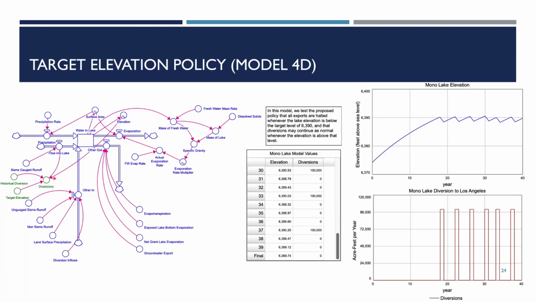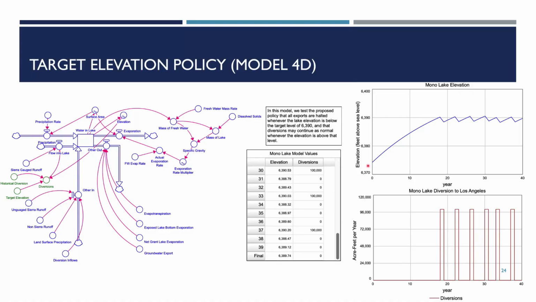This all or nothing means things are going to recover, and then it hits this critical point, and bam, they take out 100,000 acre feet, and so we have this big drop down here in elevation, and then it recovers and then drops.